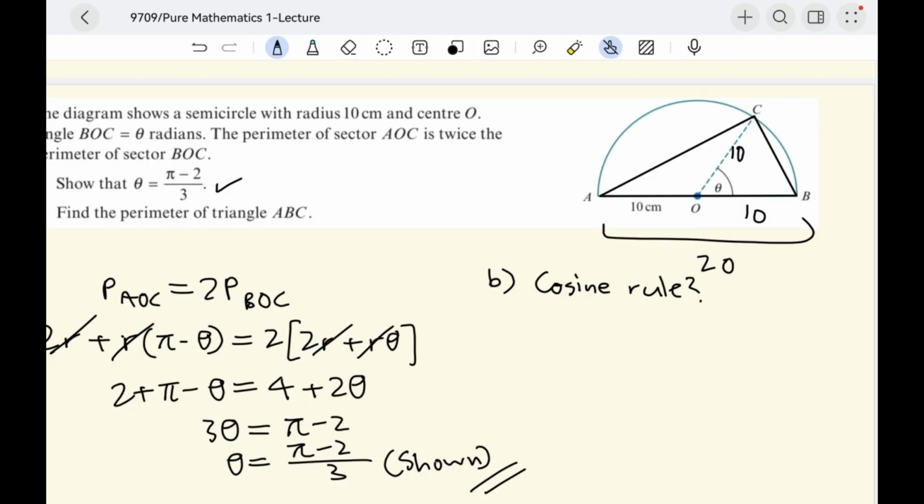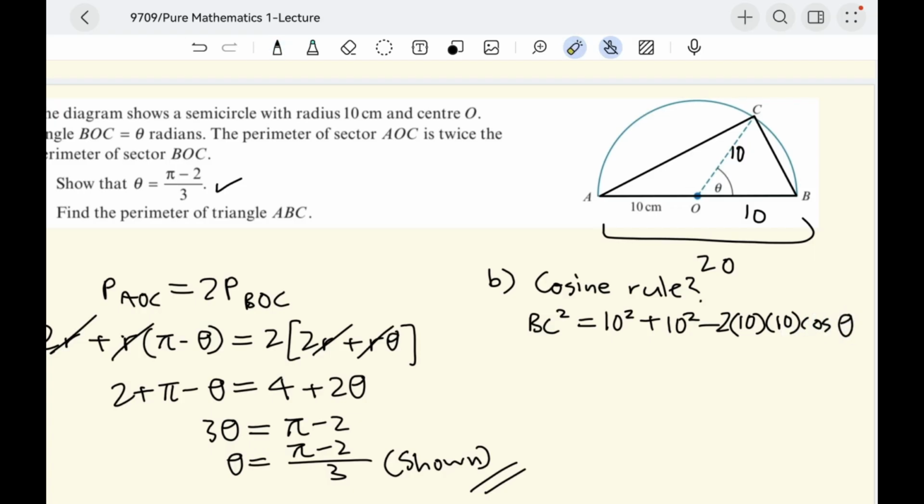It states that BC squared equals, since this length is opposite to the angle, the sum of the squares of the rest of the sides in a triangle, which is 10 squared plus 10 squared, minus 2 times the product of the 2 sides as well as the cosine of theta.